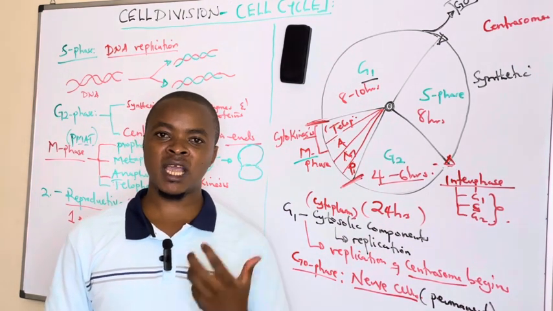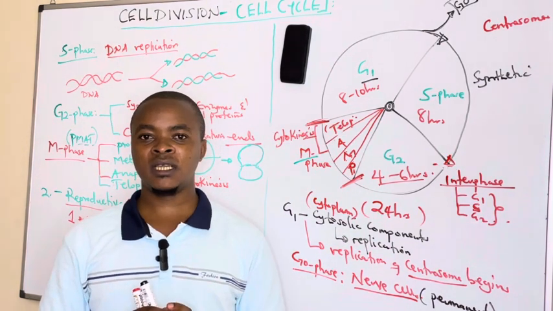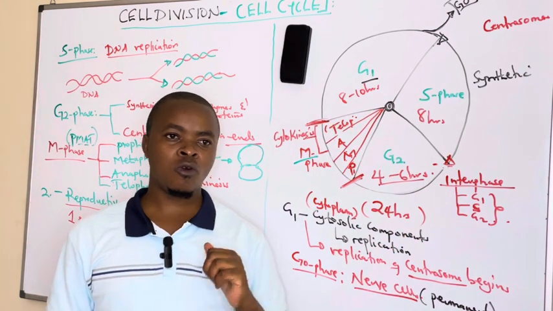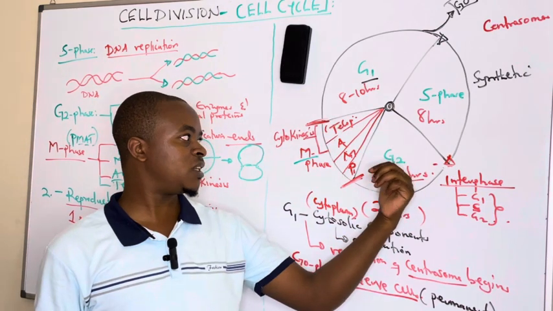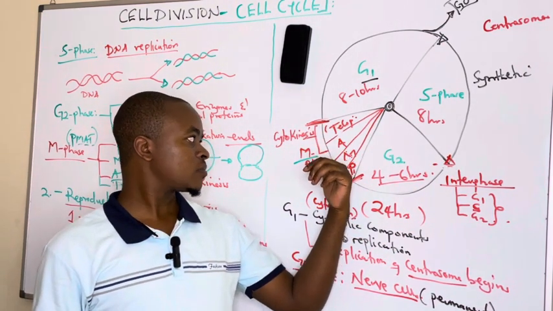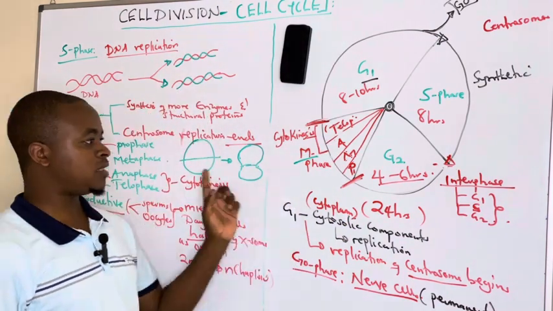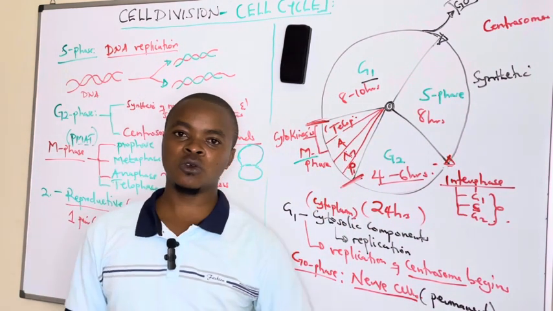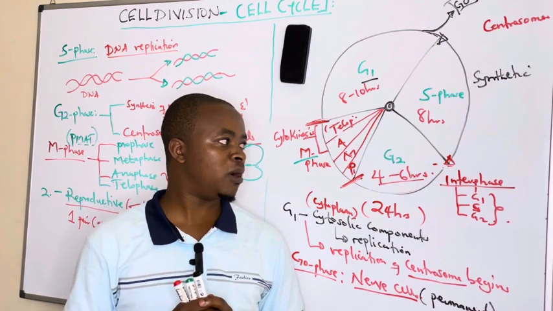They occur in the somatic cells of the body except the germ cells. They undergo the cell cycle: GAP1, S phase, GAP2 phase, and M phase. And this M phase contains PMAT, prophase, metaphase, anaphase, telophase, together with cytokinesis. And of course, this is what we must know about this.